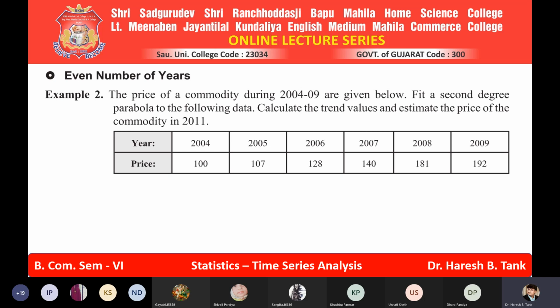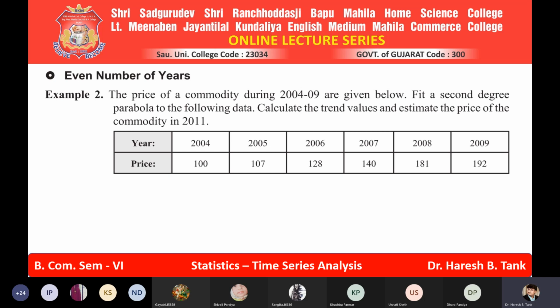In that case, we were likely to take an equation as y is equal to a plus bx, whereas in the second degree parabola, this equation will be in a quadratic format. When I use the word second degree, that means the highest power in the equation is 2.